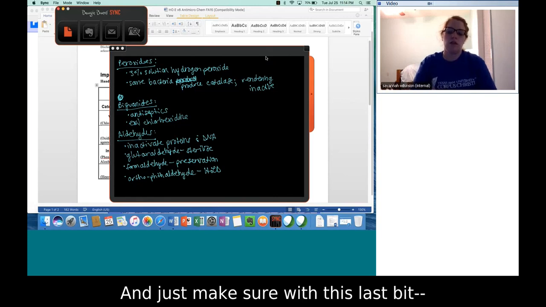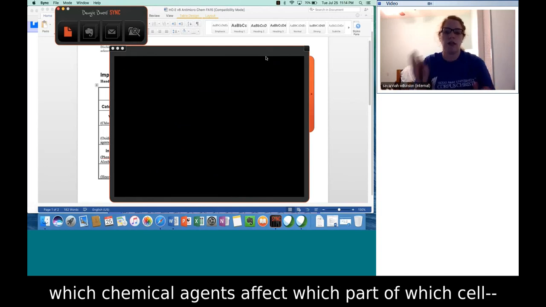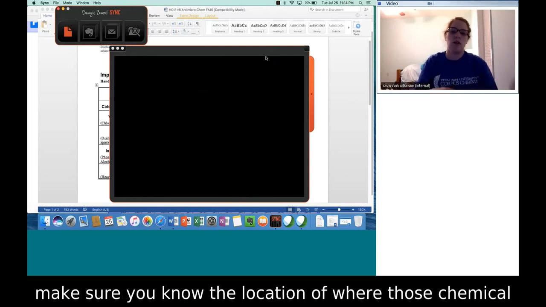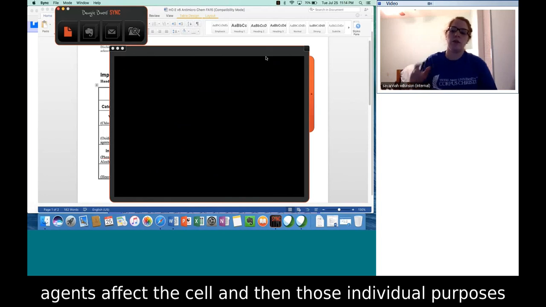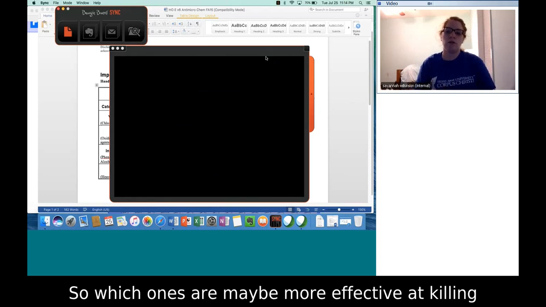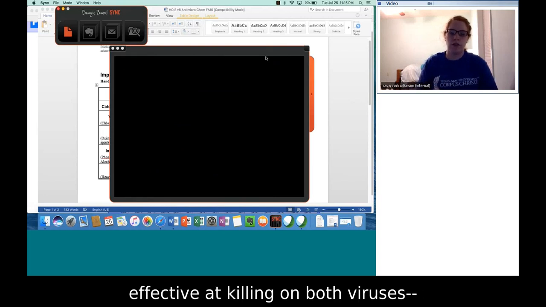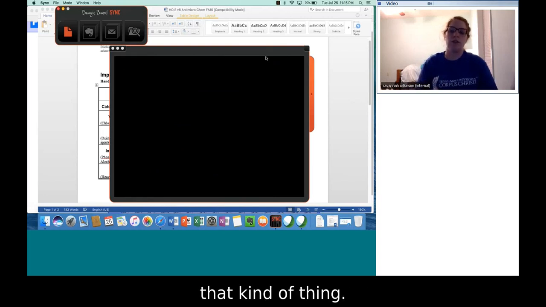And just make sure with this last bit of which chemical agents affect which parts of the cell, you know the location of where those chemical agents affect the cell, and then those individual purposes of those chemical agents, okay? So which ones are maybe more effective at killing naked viruses, or which ones are not effective at killing envelope viruses, that kind of thing.